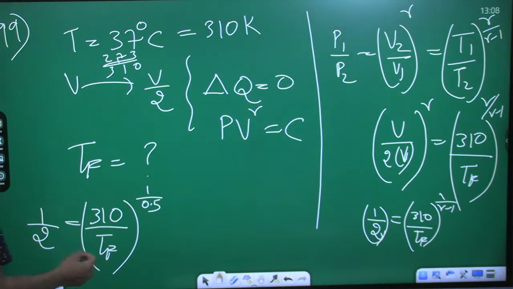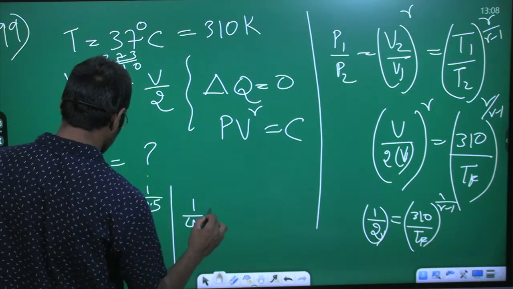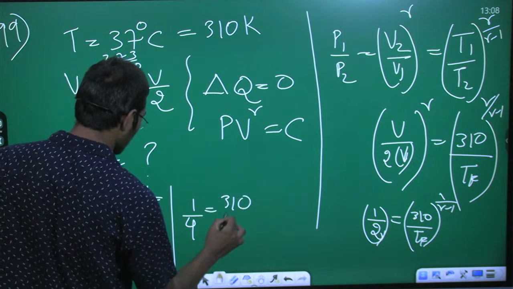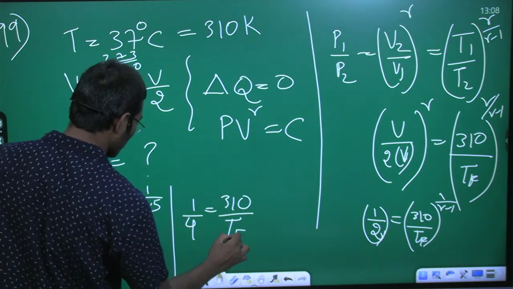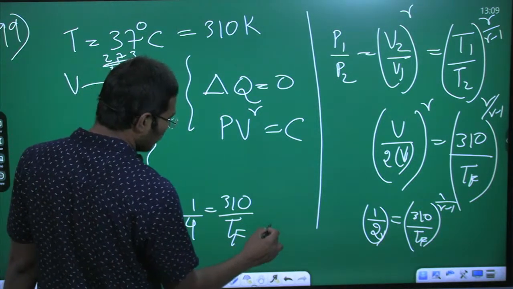So what do we get? 1 by 4 equals 310 by T final. So what is T final? 310 into 4.